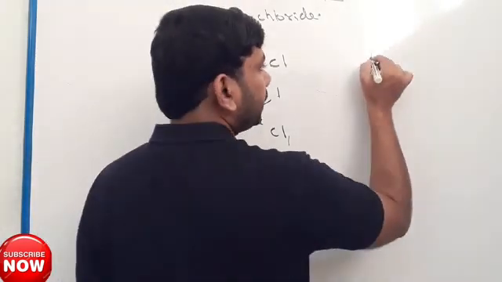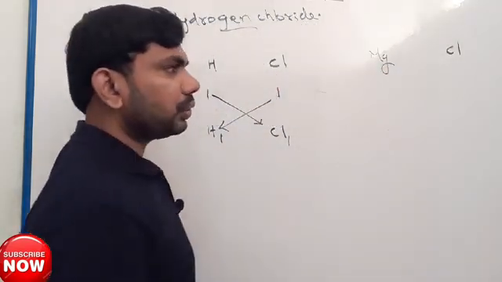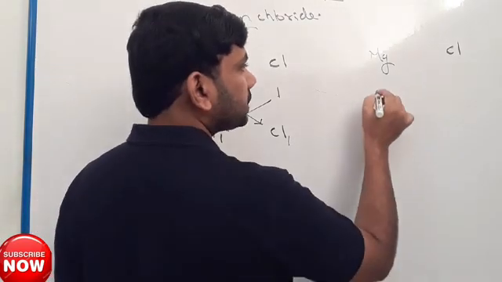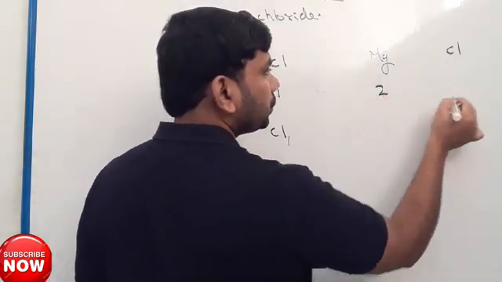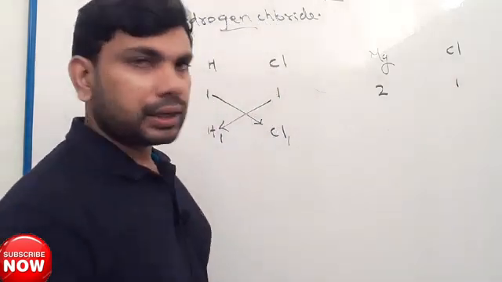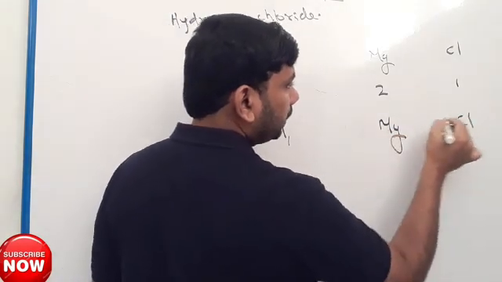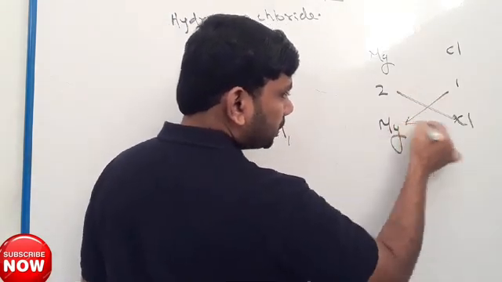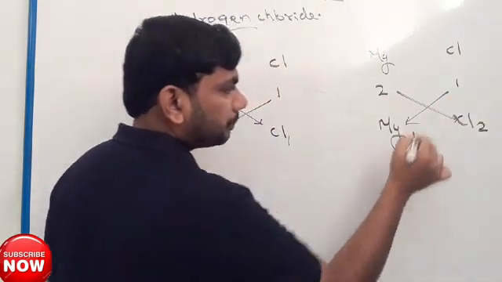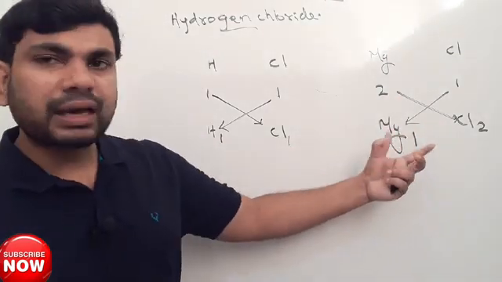So there will be magnesium and chlorine. Use your periodic table. From the periodic table you can see magnesium plus 2, chlorine minus 1. So you just write the numbers. Then write the symbols again, magnesium and chlorine. Then do cross multiplication. Now see here, this 2 coming over here, 1 here. So the numbers are different.